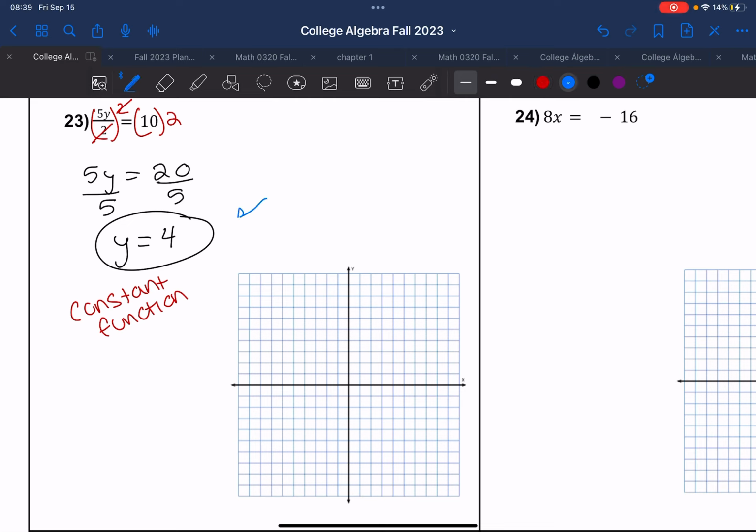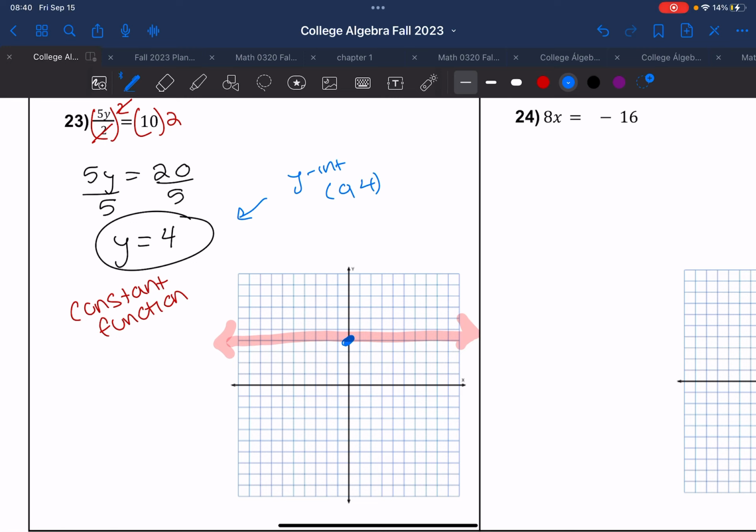If I plot that, 1, 2, 3, 4 right here, that means my line is going to be a horizontal line going through that point 0, 4. This tells us right away that there are no x-intercepts. And since we got that constant function, that horizontal line, the slope is 0.